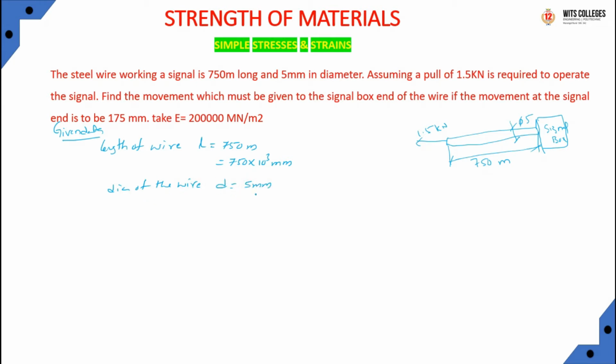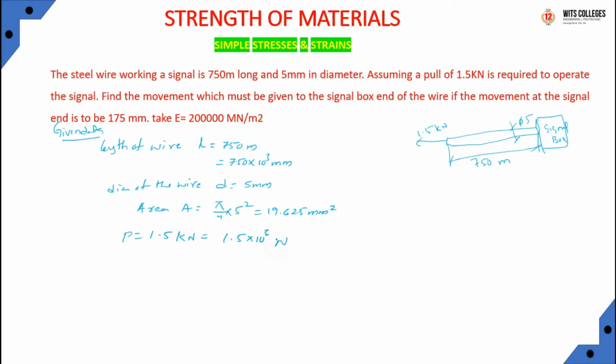From this diameter we can find the area of the wire. Area A equals pi by 4 D square, which gives 19.625 millimeter square.